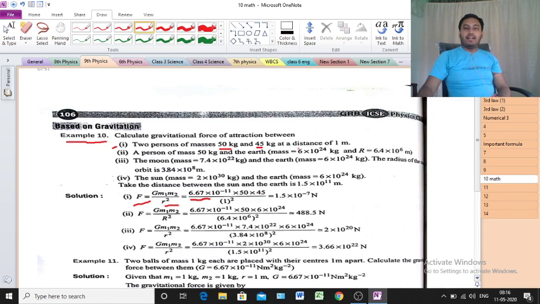What is the value of r? 1 meter, so 1 square. I hope it is clear.